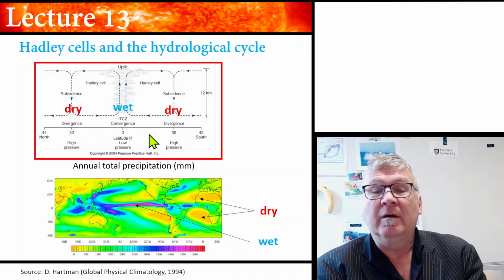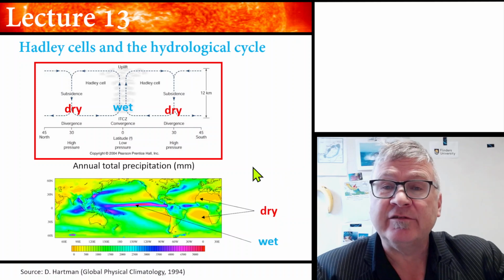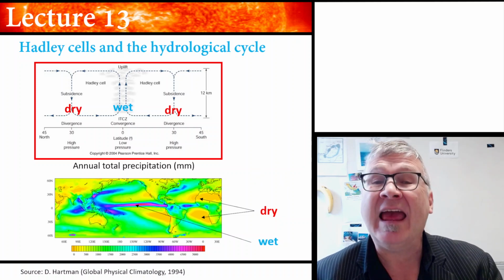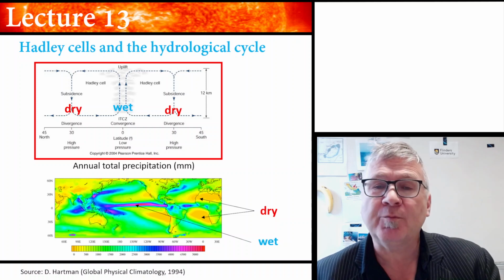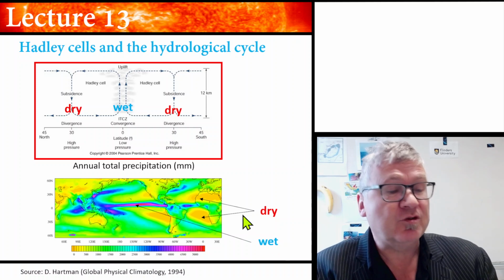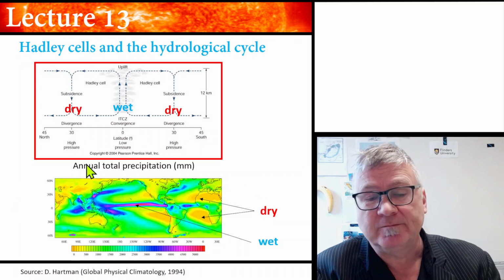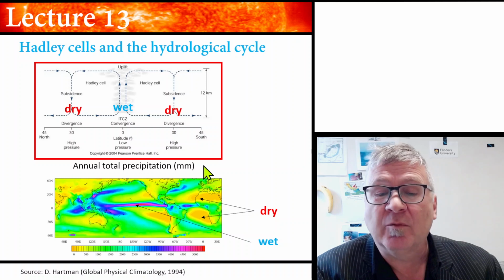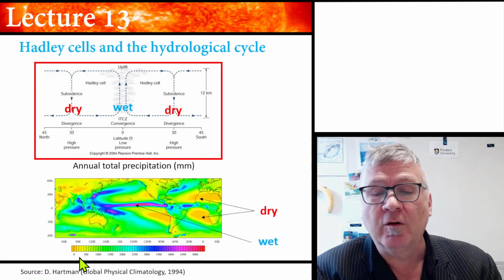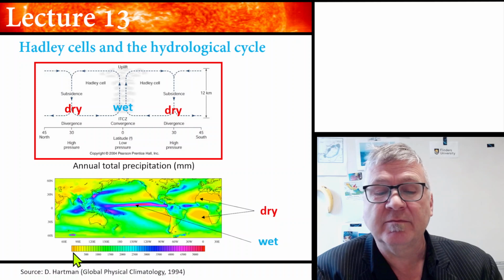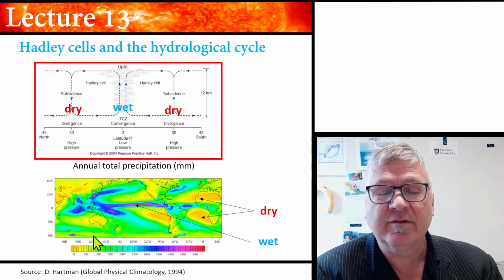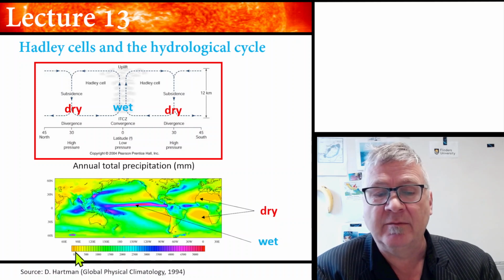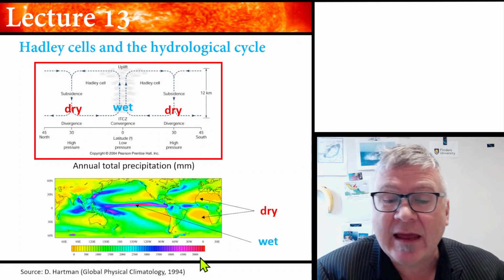All right, let's have a look at the distribution of surface precipitation on an annual basis. How much per year? Distribution on Earth. It's shown here in this map. And the map has different colors, ranging from low rainfall, which is the yellow regions and the orange regions, to extremely high rainfall.